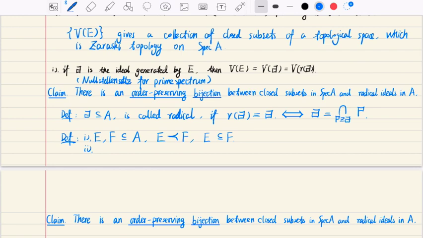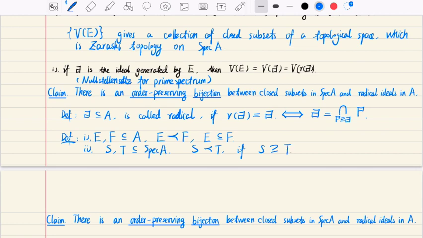Let S and T be subsets of the spectrum of A. We say S is smaller than T if S contains T.